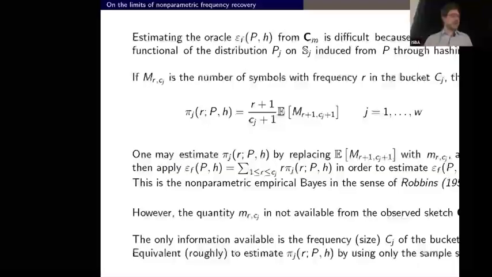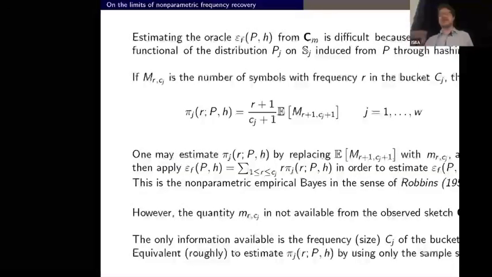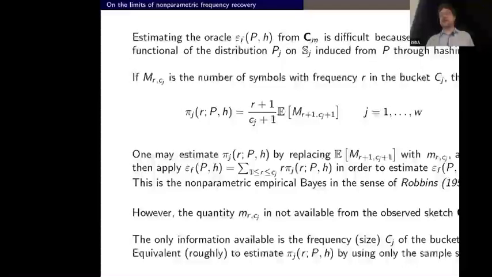And so, okay, this slide, I will go very quickly, just to explain that that's a difficult problem. Because in general, if I have a problem like that, a discrete function on P, I can observe something like this equality. So I can observe that the masses can be written as the expected value of the number of distinct symbols with frequency r in the bucket.